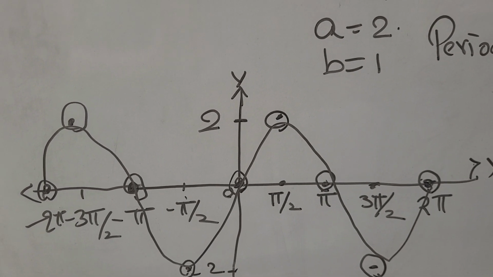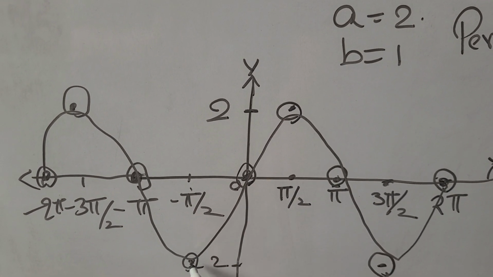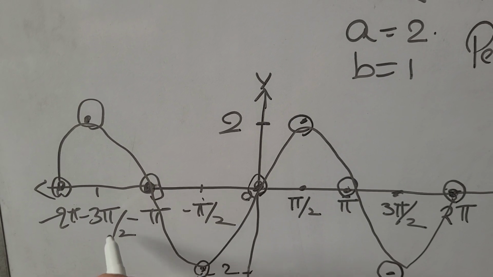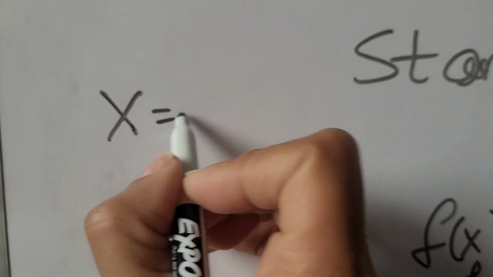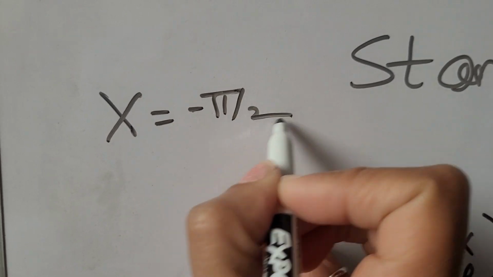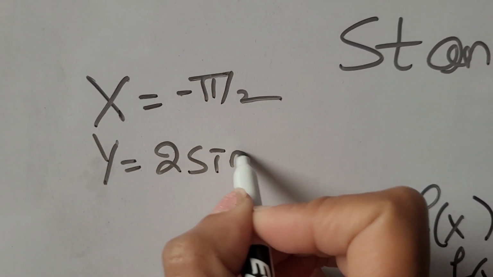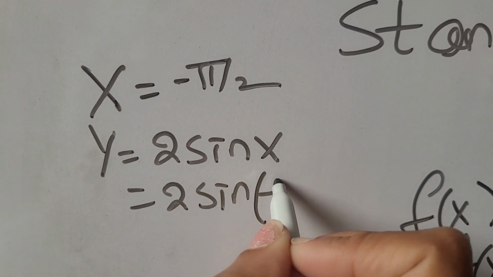And I just wanted to show you how I got the value for sine of minus pi by 2 as minus 2 and sine of minus 3 pi by 2. Okay, let's take the example for that. x equal to minus pi by 2, and my function y here is 2 times sine of x, which is 2 times sine of minus pi by 2.